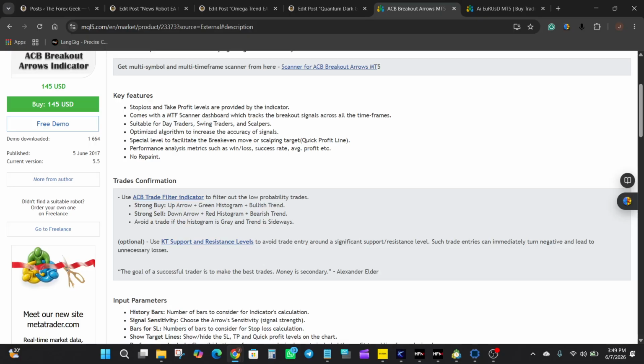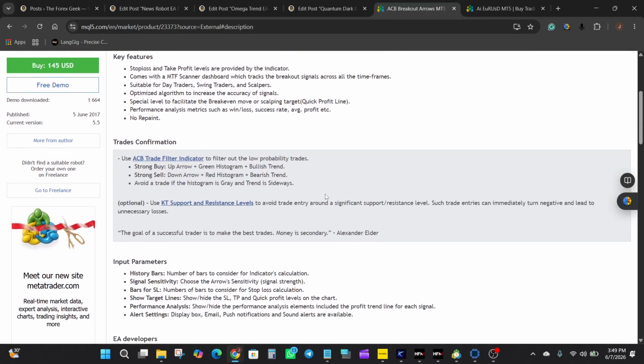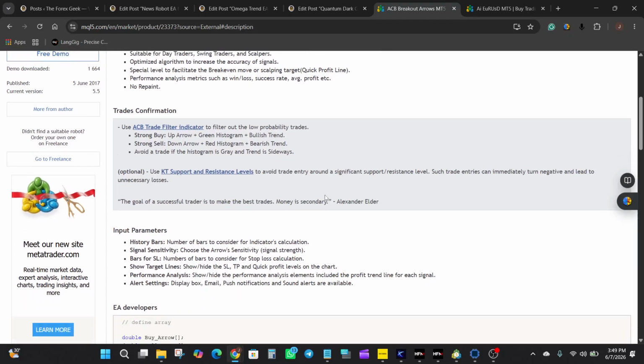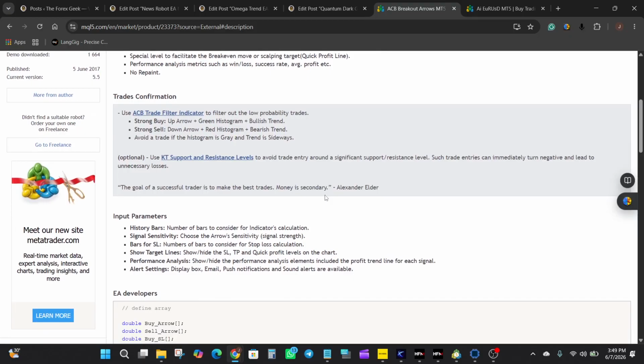Another important point mentioned on the page is that the indicator is described as non-repainting. The developer also suggests using the ACB trade filter indicator for additional trade confirmation and mentions optional support and resistance analysis through another companion tool.